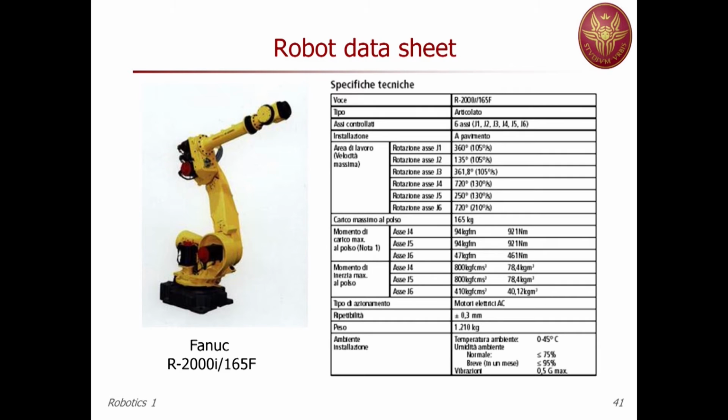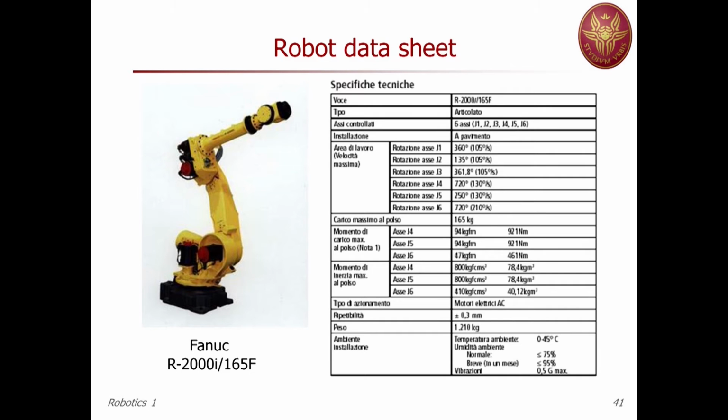So number of controlled axes, the third line. So this is articulated, which means that all joints are revolute. In fact, there are 6 axes labeled from J1 to J6. The next line says how you can mount this robot.